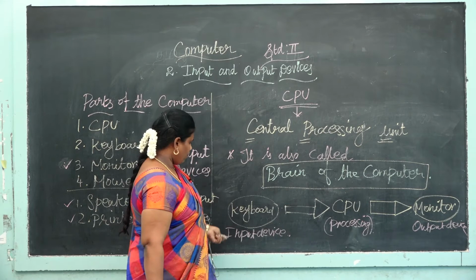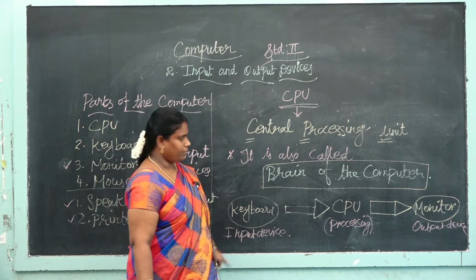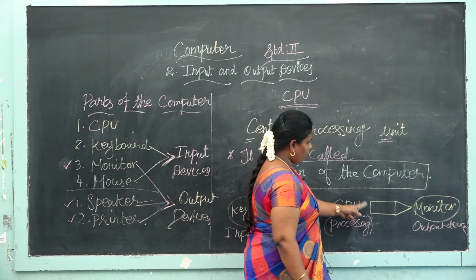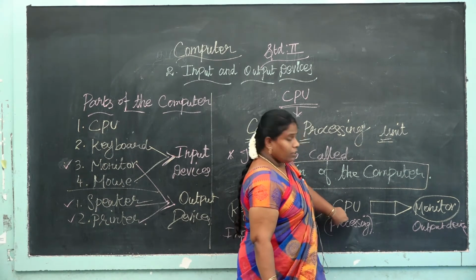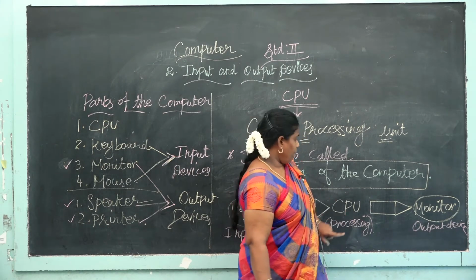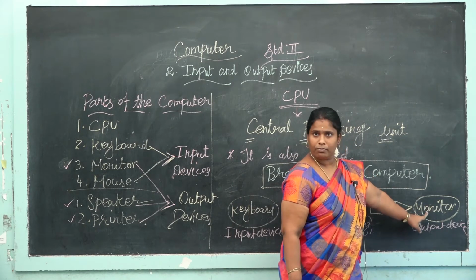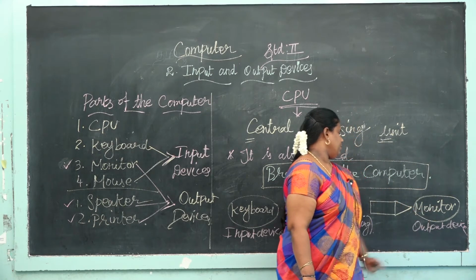First you have to give information to the input device through keyboard or mouse. Then the next level is the processing area. CPU la da ella processing nadakum. So all the work is done by CPU. This is the processing area. Then the next one, output device. What is the output device? Monitor. So you have to see the output in the monitor.